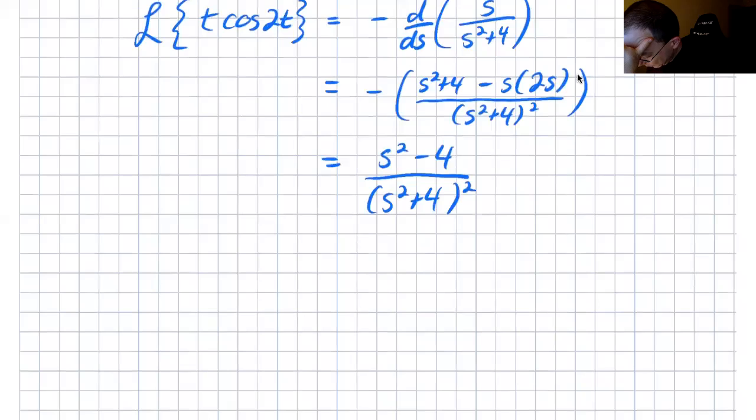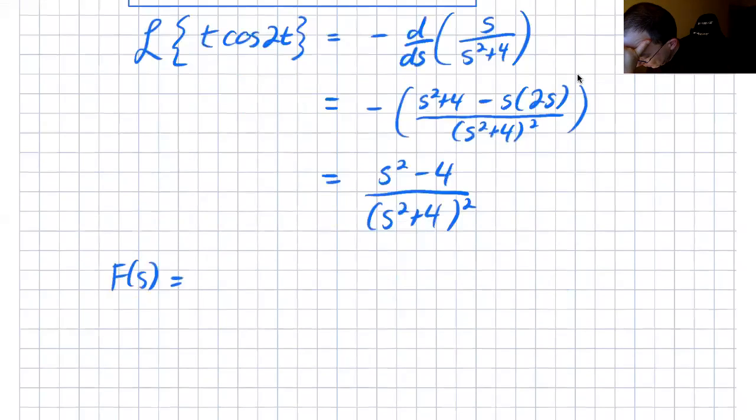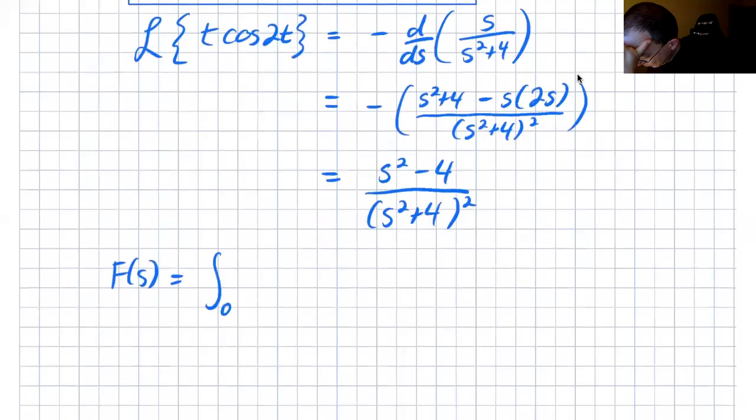So if we want to do the Laplace transform of that function, then it's the integral from 0 to infinity of e to the minus st times the function t cosine 2t dt.